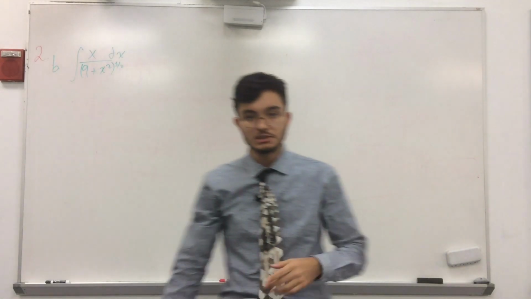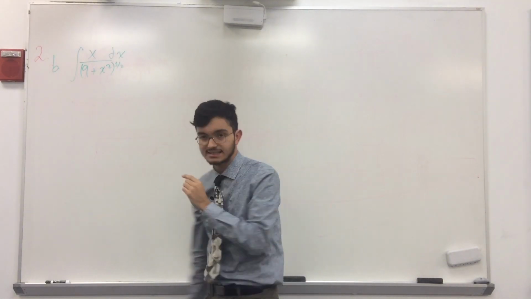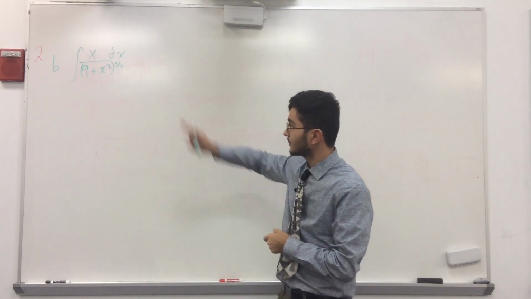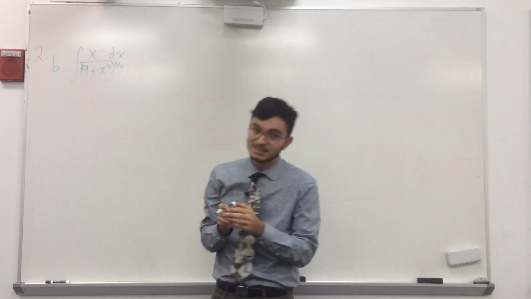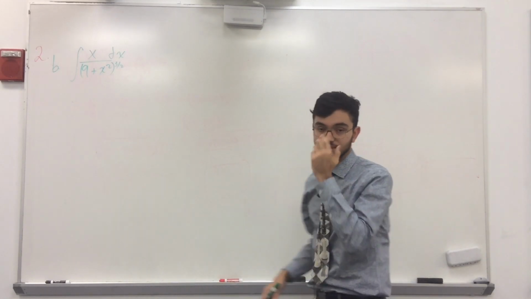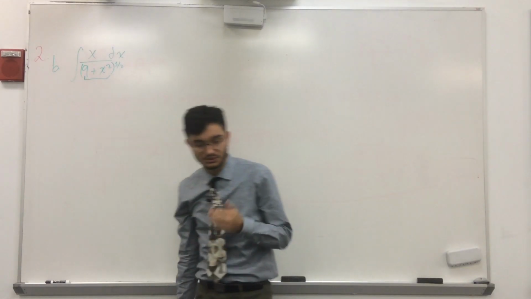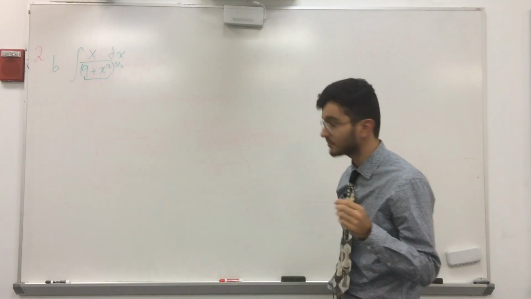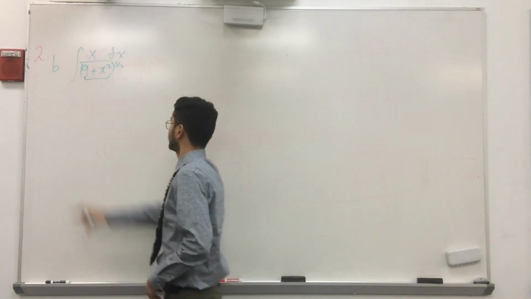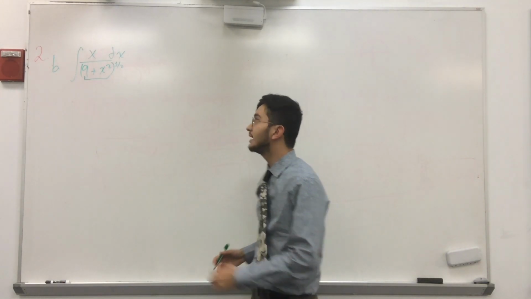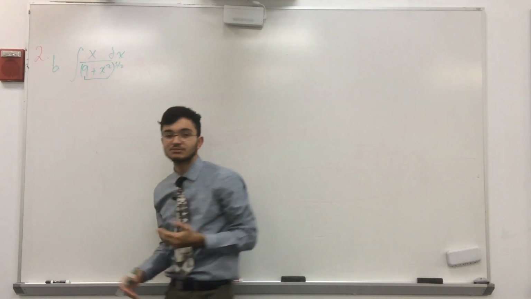All right, so for part B, we have the integral of x dx divided by 9 plus x squared, all of that to the power of 3/2. Now this one is actually very easy, even though it looks intimidating. All we gotta do is take into account that the bottom term in the denominator is a second degree polynomial, and the numerator is a linear factor.